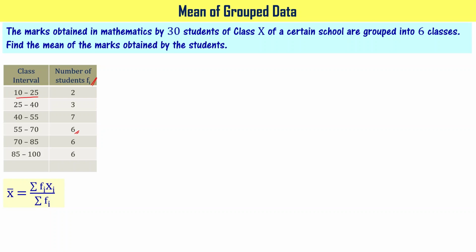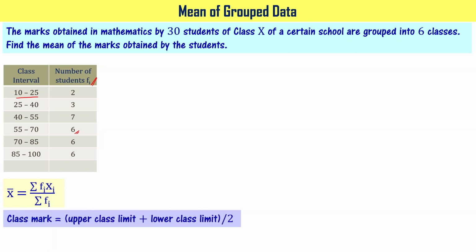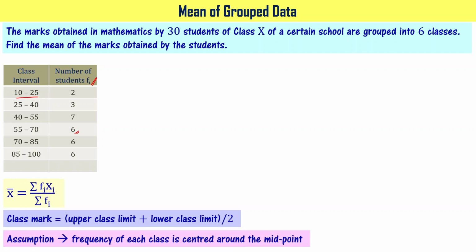Now to get the class mark, I'm using this definition. Upper class limit plus lower class limit divided by 2 is my class mark. It is based on the assumption that frequency of each class is centered around the midpoint. You will understand this point in a while.